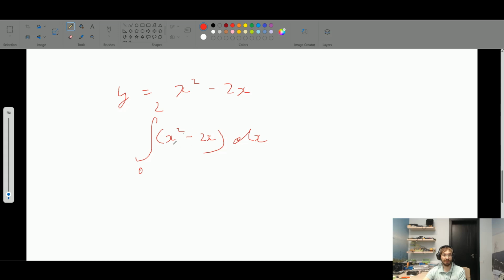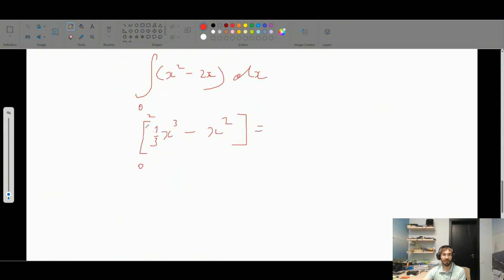Integral of this function will be 1/3 x to the power 3 and then minus x squared, because we have integrated minus 2x, and boundaries are between 0 and 2. So how much will it be?